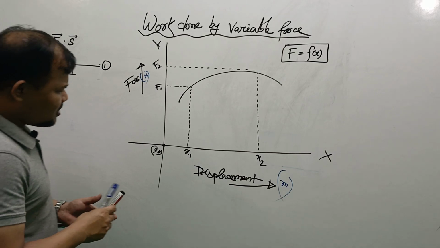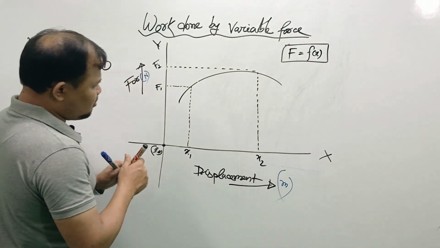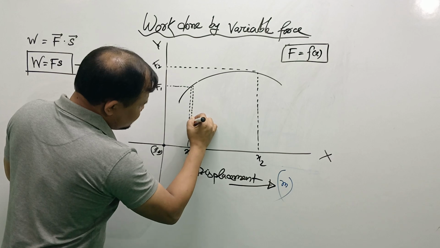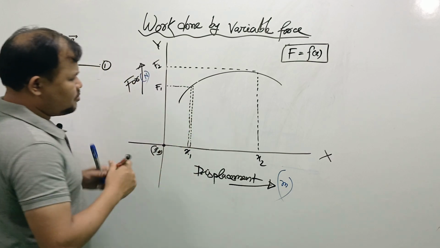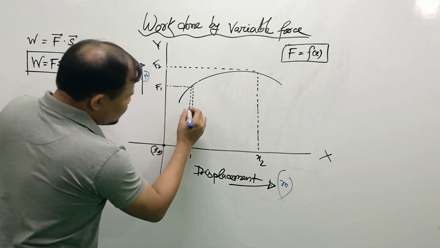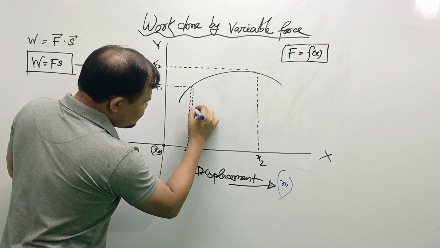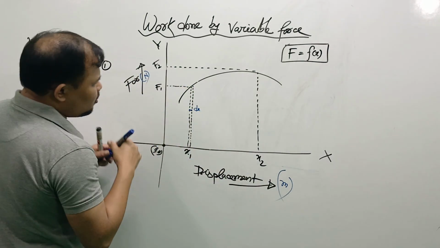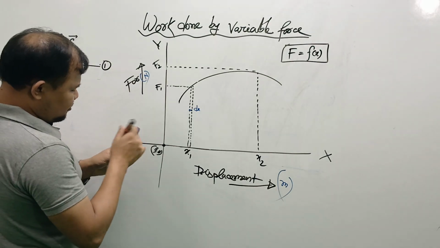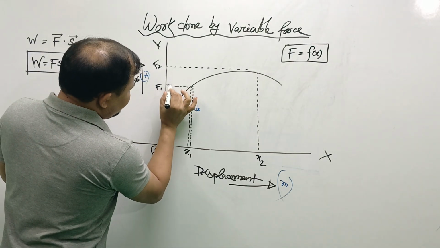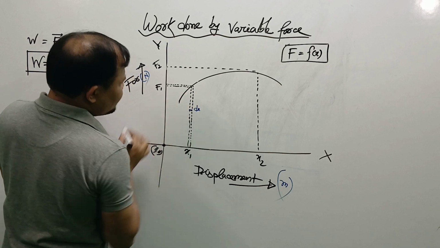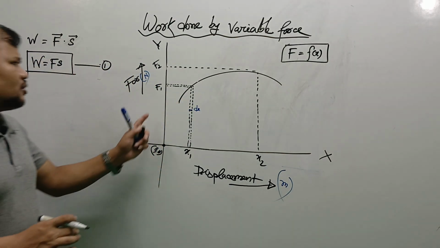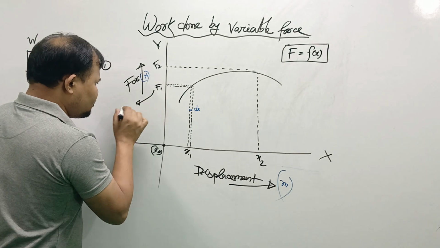My dear student, try to understand. If we take a very slight or very small displacement, suppose this is a very small displacement, the displacement will be dx. Because of this very small displacement, we try to understand how much force is needed here. Suppose F1, the force looks like a constant.